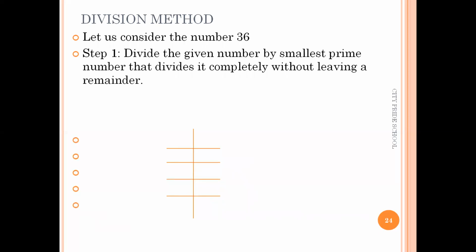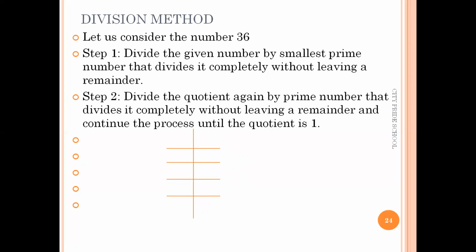When we divide 36, we have to take any smallest prime number like 2, 3, 5 or 7, and we have to divide it completely without leaving a remainder. And step 2 is to divide the quotient again and again by prime numbers that divide it completely without leaving a remainder. We have to continue this process until the quotient is 1.